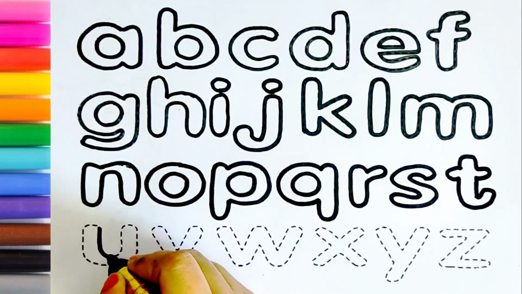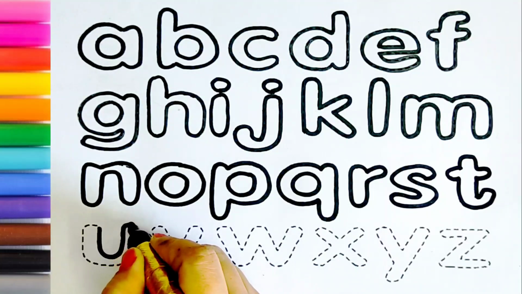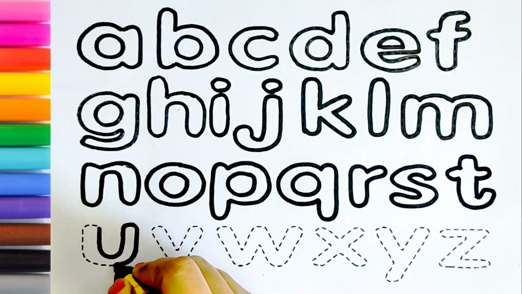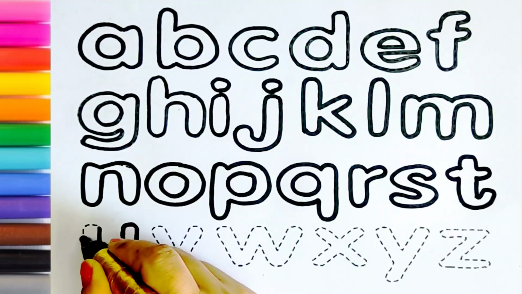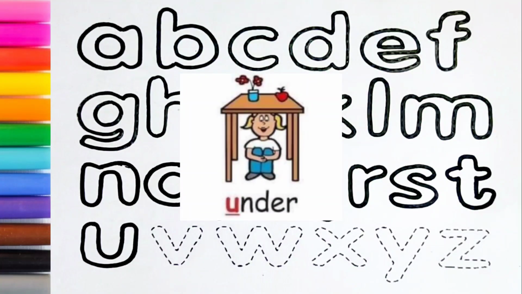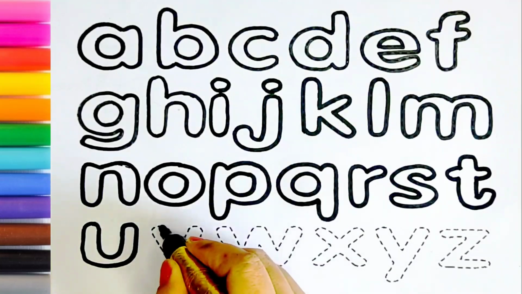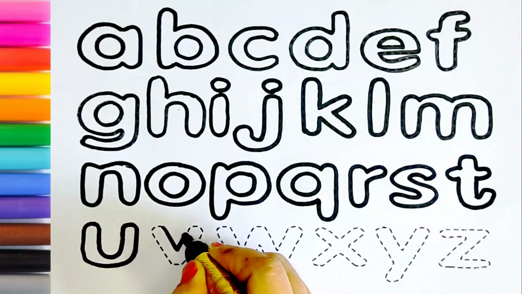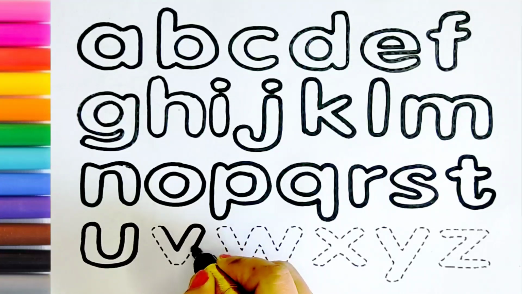U for unicorn. U for under. V for volcano.